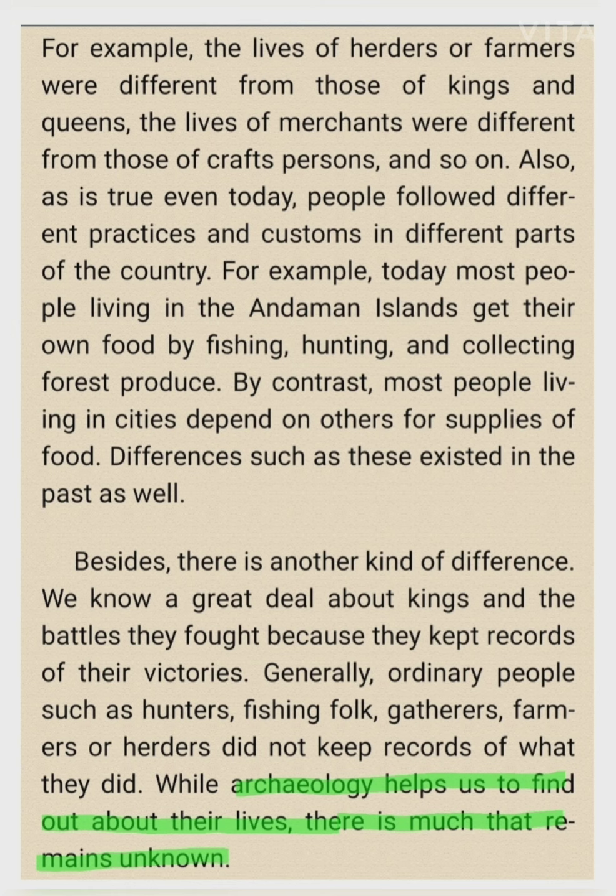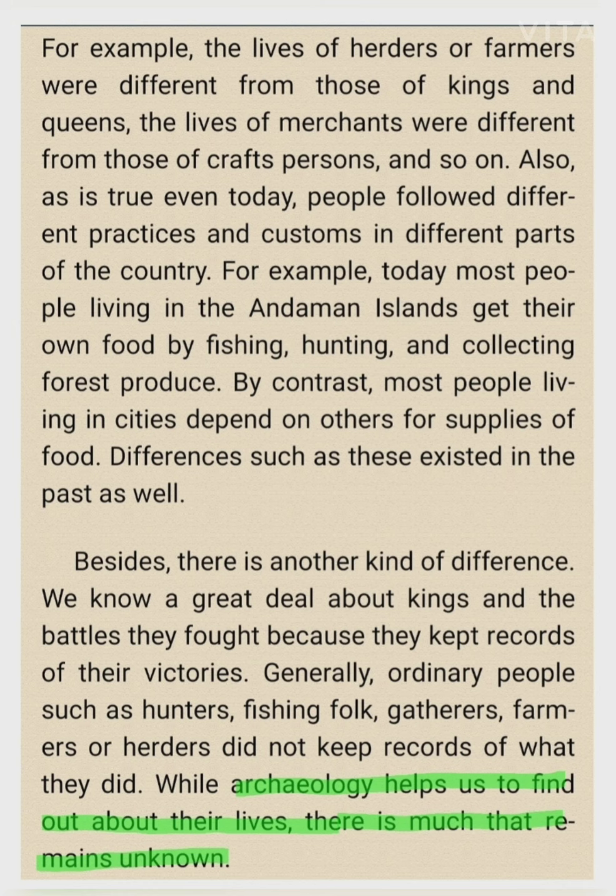So, as we have seen, there were differences in the past of different groups of people. The herders' and farmers' daily routine was different from that of kings and queens. Lives of merchants were different from those of artists, craftspersons, warriors, etc.